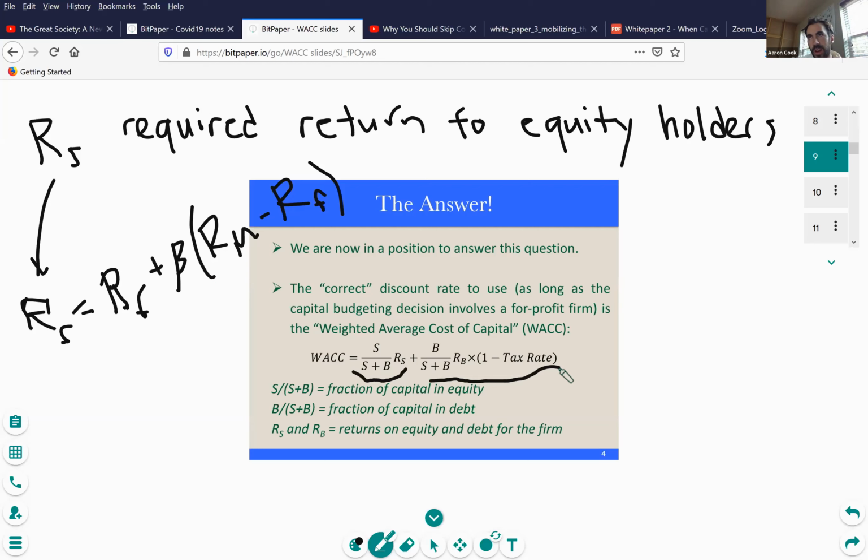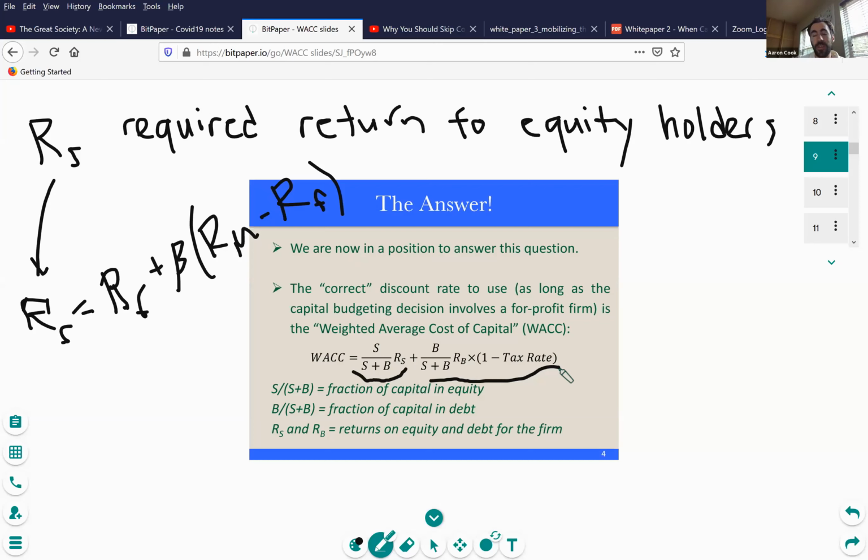This weighted average cost of capital can be thought of as applying to the firm as a whole, in which case the shares of debt and equity are what's on the right-hand side of the balance sheet, the liability side, the amount of the assets that were paid for with debt relative to equity.